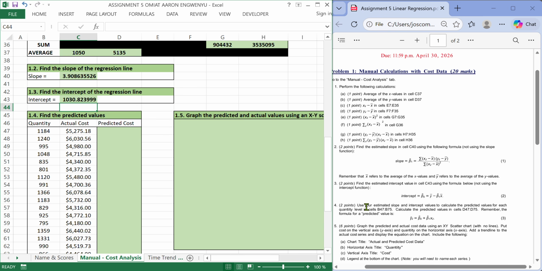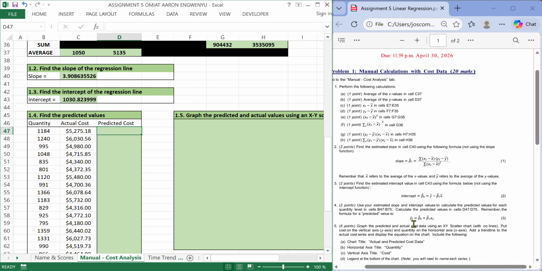So before that, we need to use the estimated slope and intercept values to calculate the predicted values for each quantity in cell B47. This is B47.